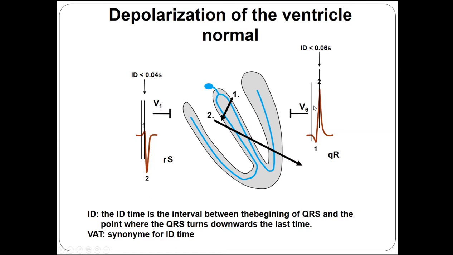That's the normal situation. If we have a block on the right side, the ventricle activation time will be longer on the right side. If we have a problem on the left side, the activation time will be longer on the left side and won't change on the right side.